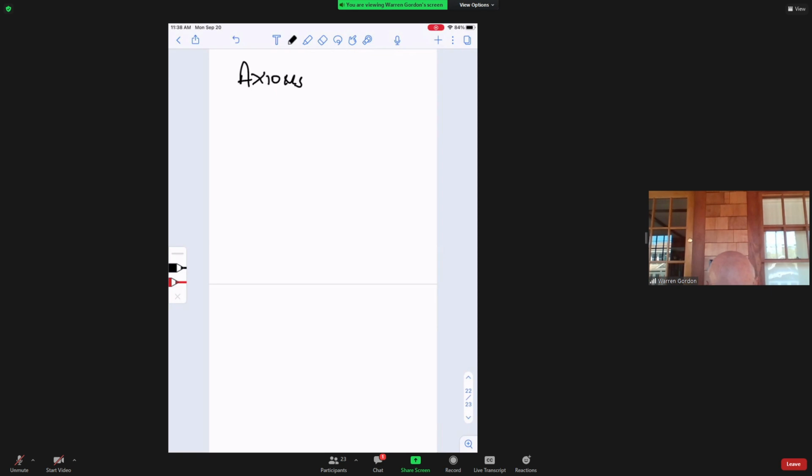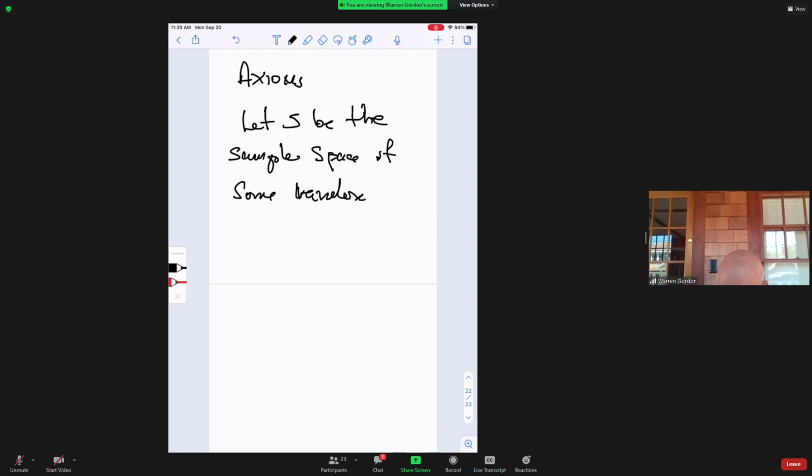Okay, so I want to use the same notation I have. Let S be the sample space of some random experiment and let A be any event.